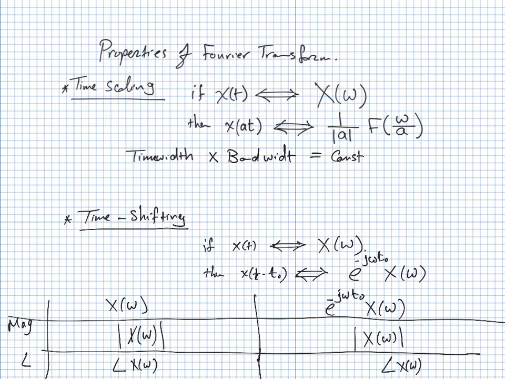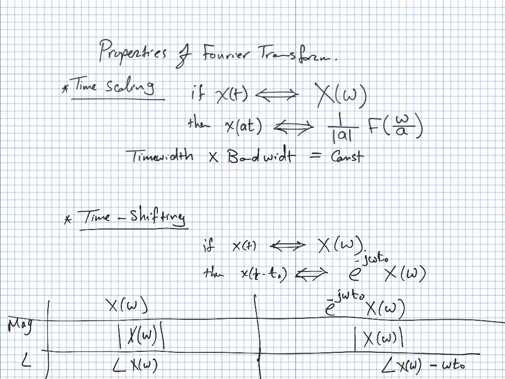Subtract t naught omega, right? The phase here is the factor which is multiplied by j. e to the j something is e to the j phase, so it's a phase term only. And what's the phase here? It's minus omega t naught. So it's this minus omega t naught.